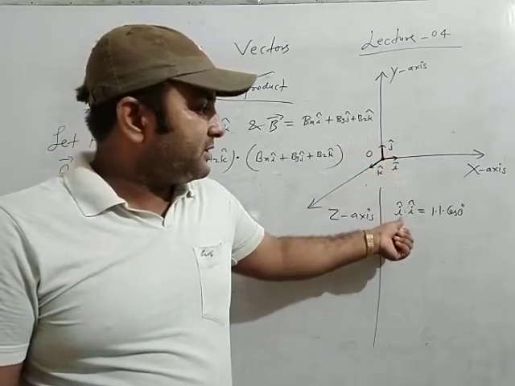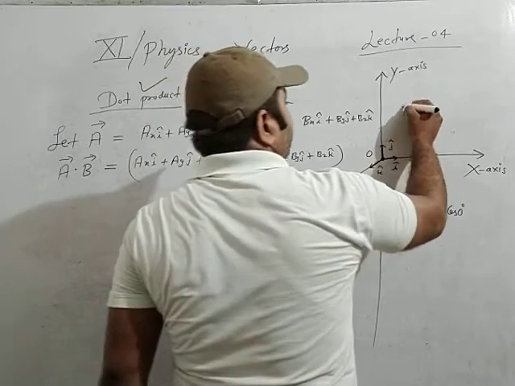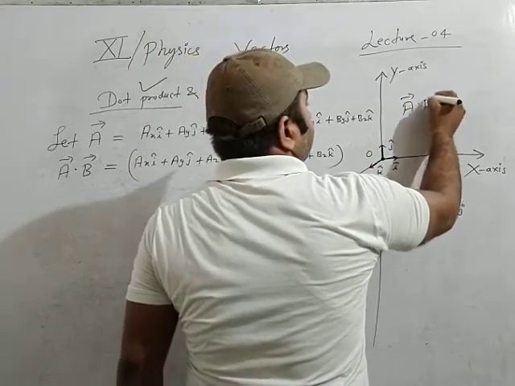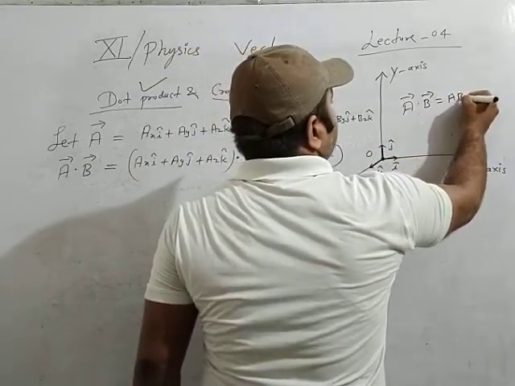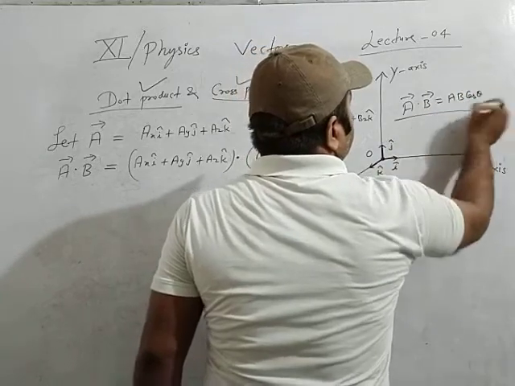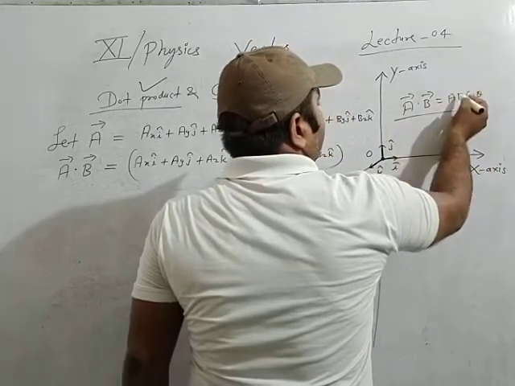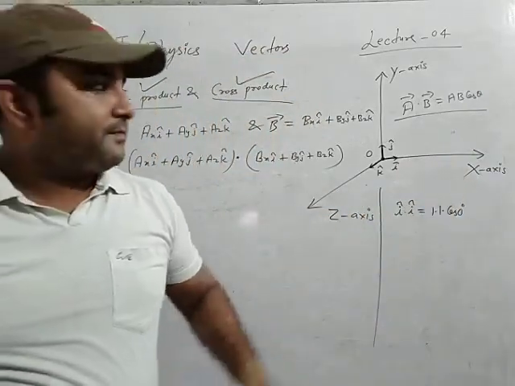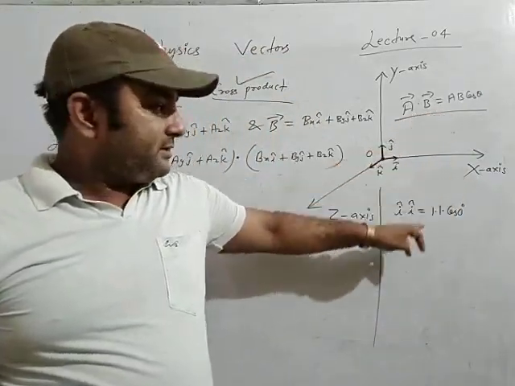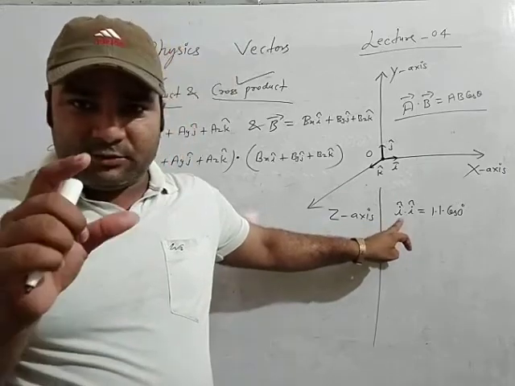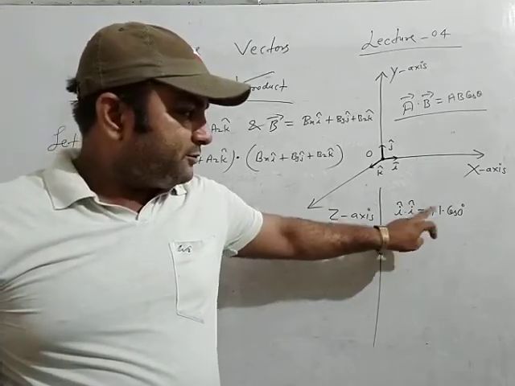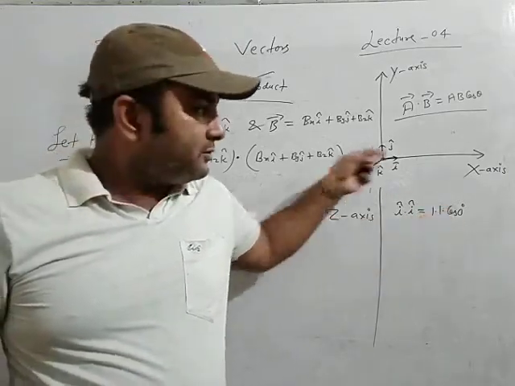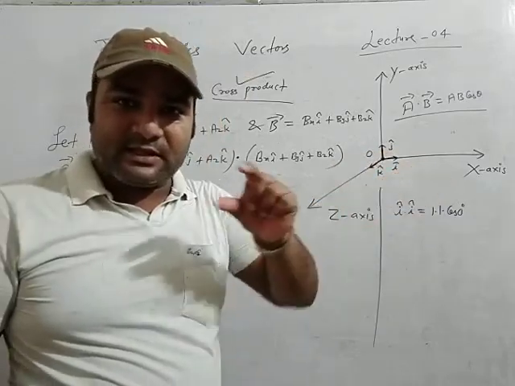Dot product means, just like the dot product of two vectors A and B, vector A dot vector B is equal to AB cos theta: the magnitude of vector A, the magnitude of vector B, and the cosine of the angle between A and B. And here i is a unit vector of magnitude 1, further i is a unit vector of magnitude 1, and because both act along the same direction, the angle is 0 degree.